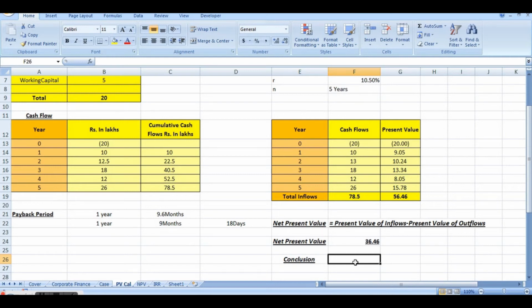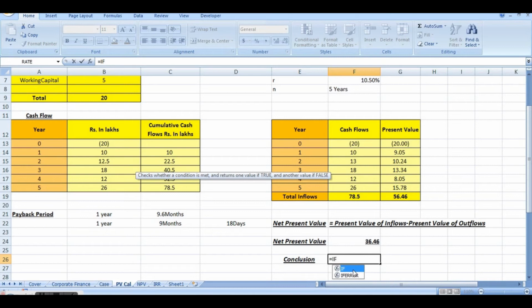So now you can easily write here as accepted, or a better way, you use the IF function here, because there is a condition.